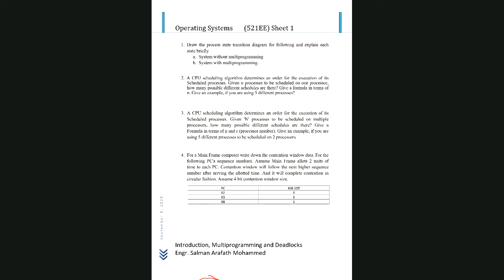So suppose it is serving PC number 2. Then next it will go to the next higher sequence, so it will go for 3. After 3, what is next? 4. After 13, what is next? 14. After 14, what is next? 15. After 15, please tell me what is next? Yeah, it will not go to 16. It will go to 0 because it is a circular fashion.